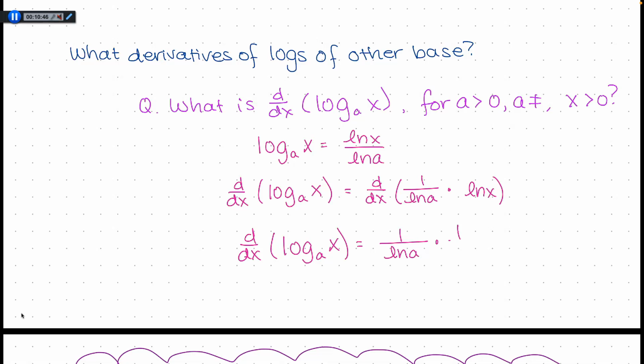You could just write it like this if you want. A lot of times it's multiplied into the same fraction. So the derivative of log base a of x is 1 over x natural log a. That's it.